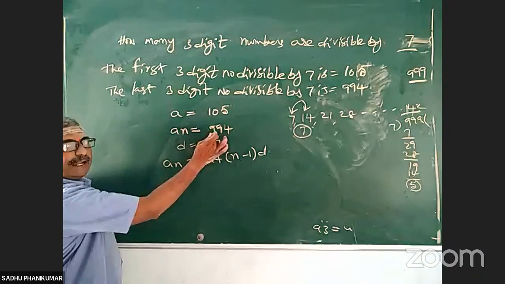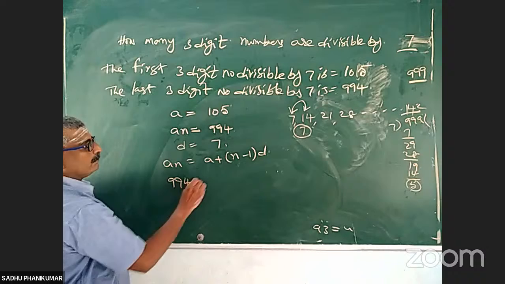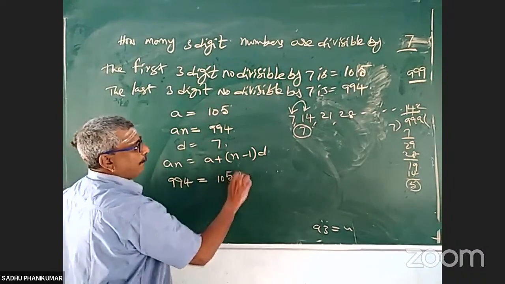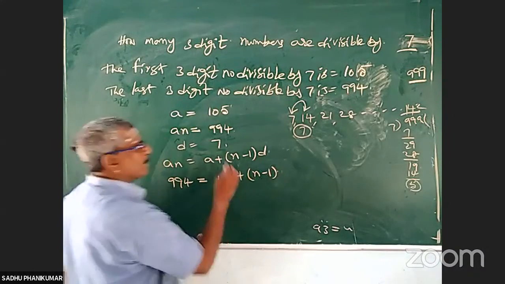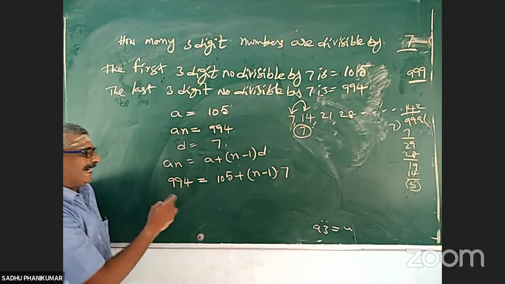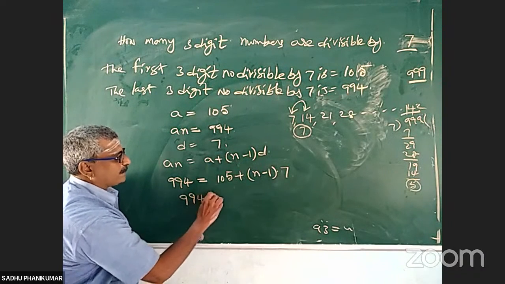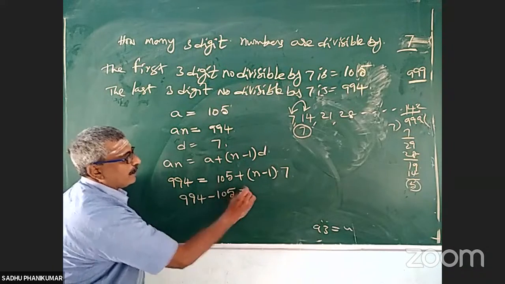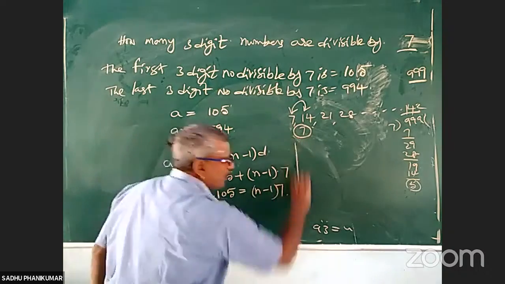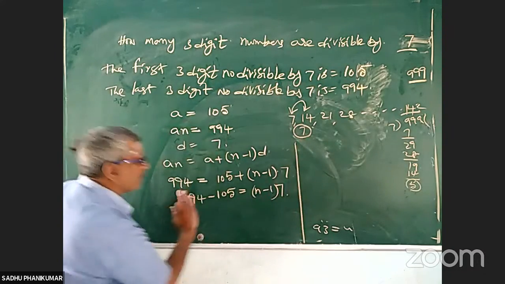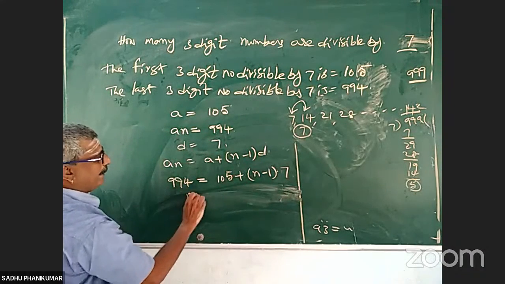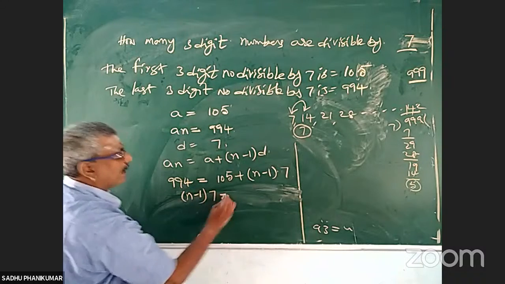We have A: 994 is equal to 105 plus n minus 1 into D. What is D? 7 is D. Get this 105 to that side: 994 minus 105 is equal to n minus 1 into 7. Don't get confused. Otherwise, write this one on that side and that one on this side.